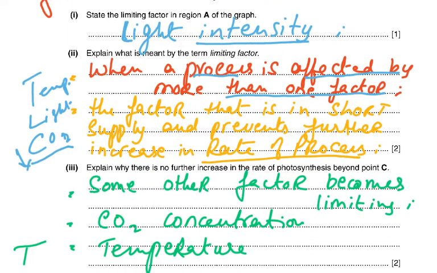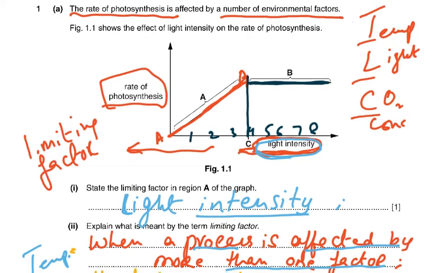Then, of course, we come on to part 3 of the question. Explain why there is no further increase in the rate of photosynthesis beyond C. So after this point C, why is there no increase in the rate of photosynthesis even though light increases? You see, the rate of photosynthesis is remaining constant. That's why the line has become straight.